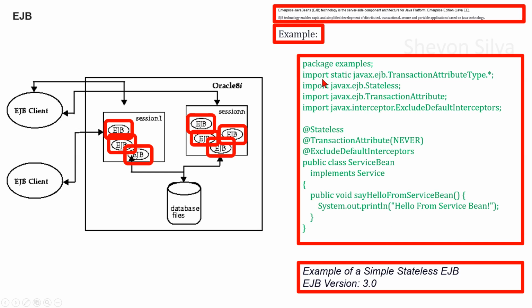Annotations that apply only to EJB 3.0 are in the javax.ejb package. Annotations that can be used by other Java Platform, Enterprise Edition (Java EE) version 5 components are in more generic packages such as javax.interceptor or javax.annotation.